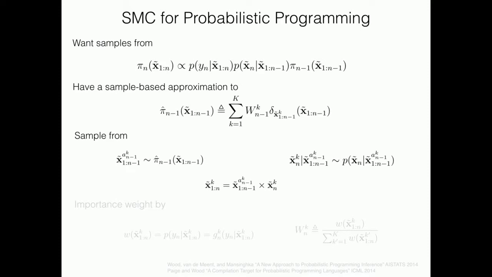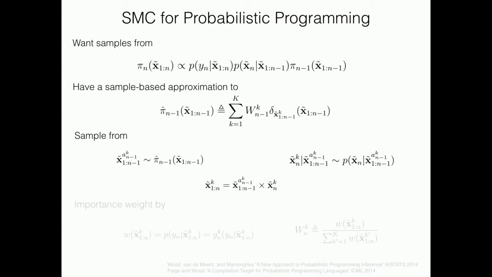Okay? So the first thing that we do is we sample an ancestor lineage for the execution of the program. So this is going to be a set of random variable values up until the n-1th observation from this Dirac mass distribution, or this discrete distribution here.